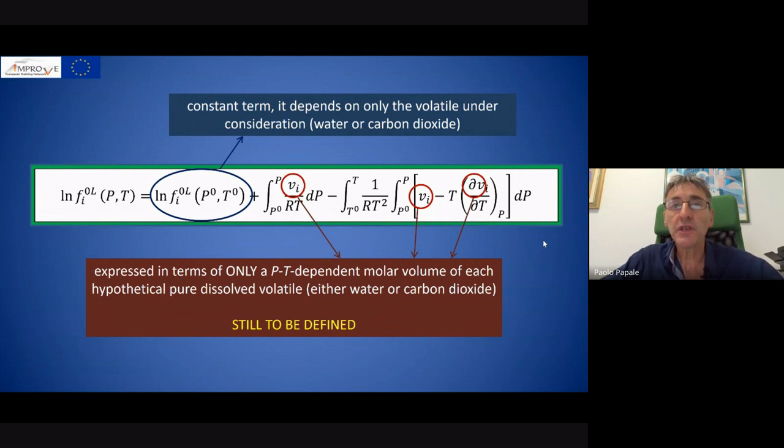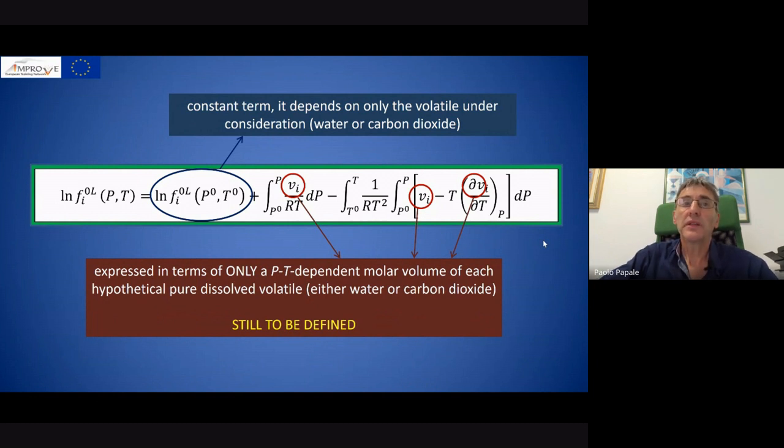We have not yet defined such an equation of state. We will deal with that at a later stage, after having explored the activity coefficient and its relationships with the Gibbs energy of the mixture.